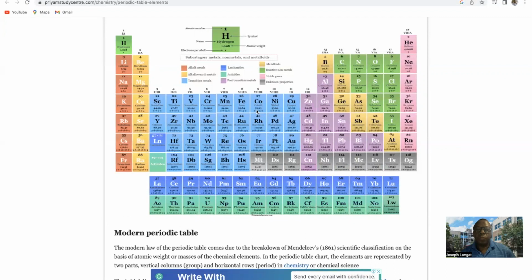is 55.93, whereas for nickel, it is 55.63. So this one is way more than cobalt, number 27. And if we were to follow Mendeleev's proposal, nickel should be here, cobalt should be here.